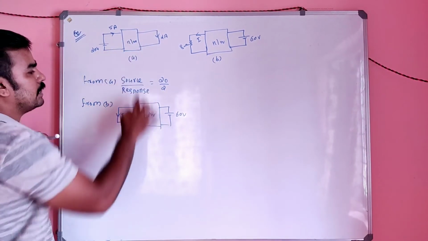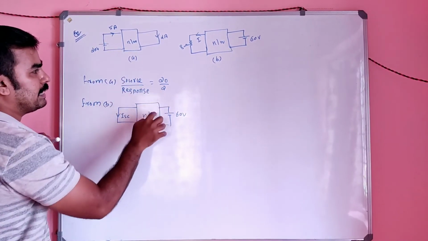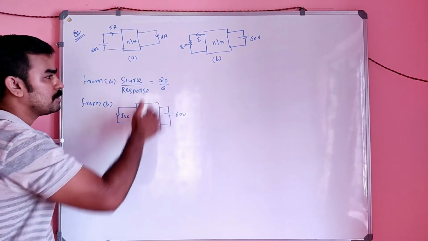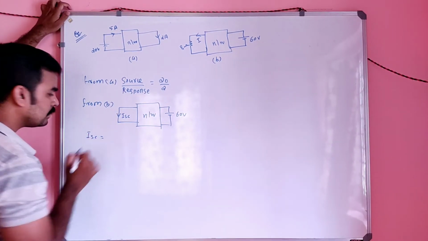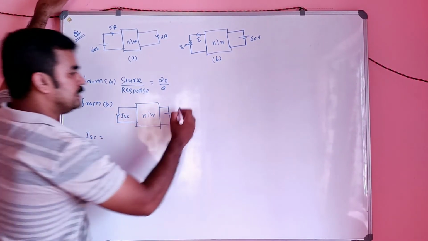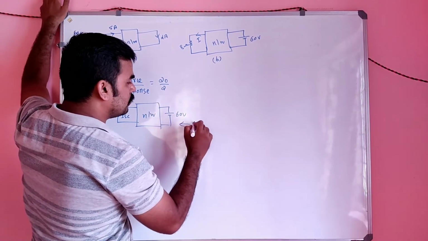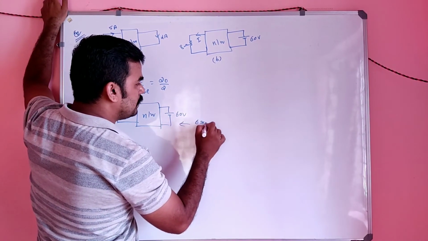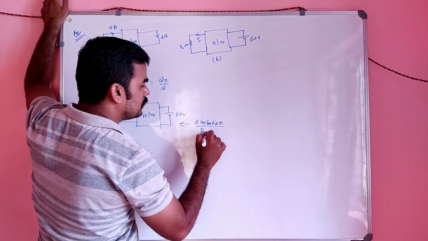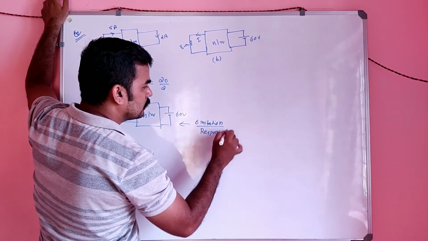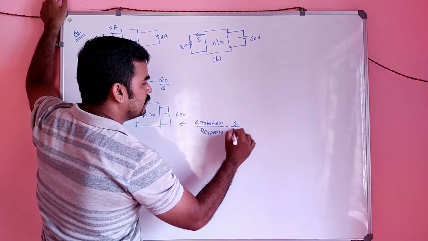By comparing these two circuits, excitation to response will always be constant, right? So what is ISC here? In this diagram also, excitation by response is 60 by ISC.